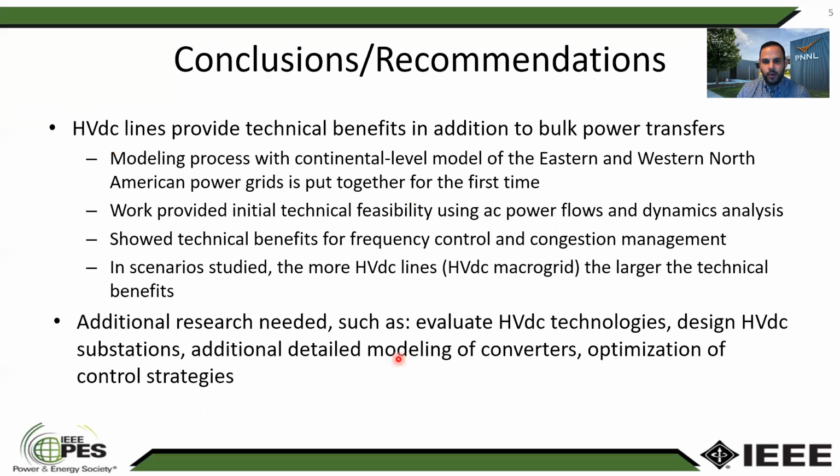So this is what we worked on in this project, and we did the feasibility analysis, and we investigated the technical benefits in terms of frequency response and congestion management for different HVDC topologies. The highlight also is that we found that the HVDC macrogrid brings additional benefits, considering that it has more lines and it covers the area better, and you can direct your flows better with this HVDC network.